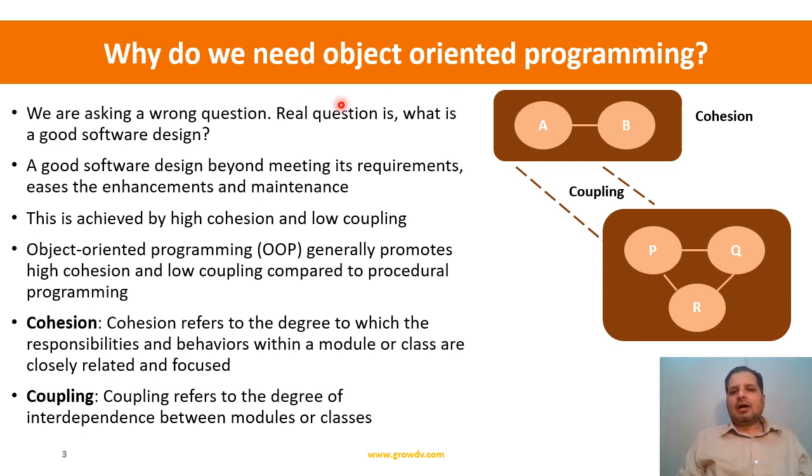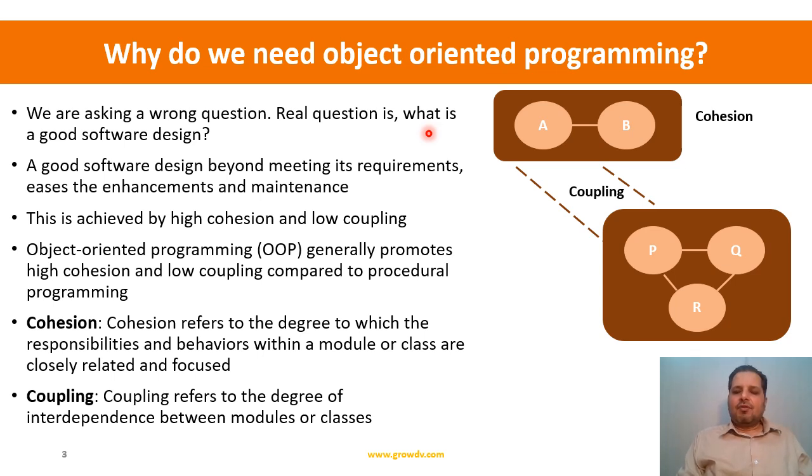But we are asking the wrong question when we say why do we need object-oriented programming. The real question we need to ask is, what is a good software design? Because that is our intent, whether it is object-oriented programming, procedural programming, declarative programming, or some other paradigm. Ultimately, we explore new programming paradigms because we want to do a good software design.